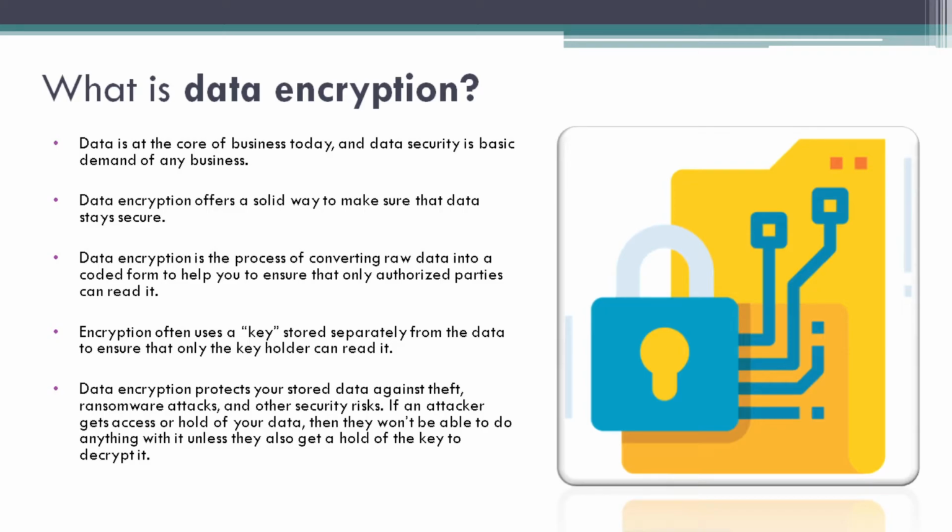If your data is encrypted, it will always be secure. Nobody can read your data, and that data will be useless for that person. So it is very important. How can you make your data secure? Data encryption is nothing but converting raw data into a coded form with the help of a key.